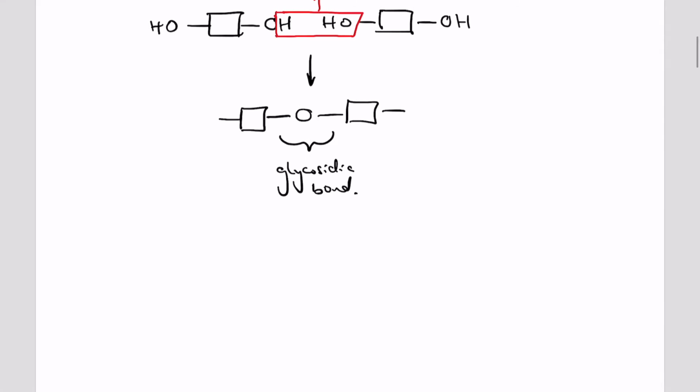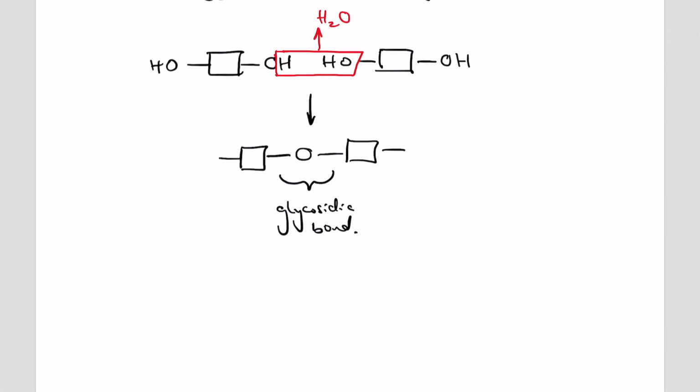You always have this removal of water in a biological setting, but the specific groups on the molecules that react will be different, and the name that we call the bond will be different.